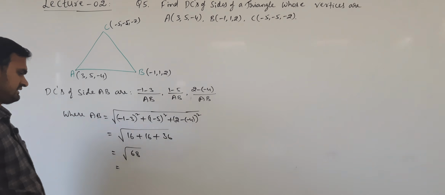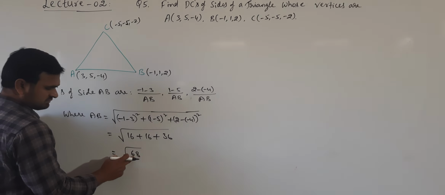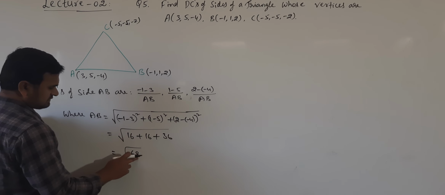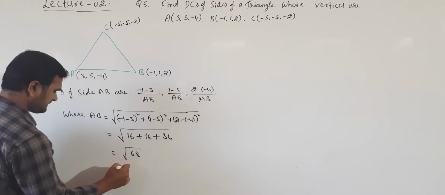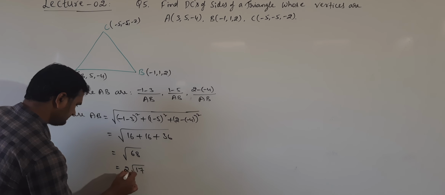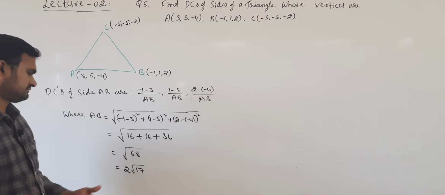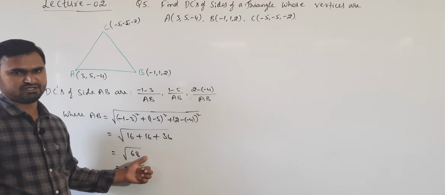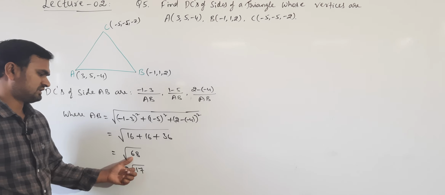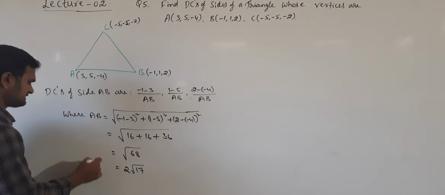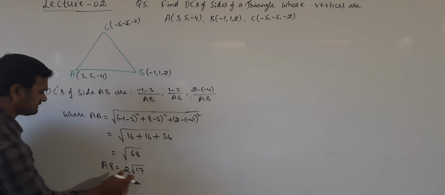How can I write 68? 4 into 17, and 4 we can write outside as 2. So the distance AB is 2 root 17.